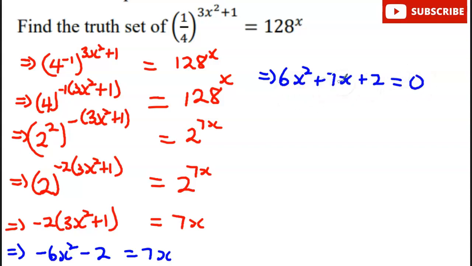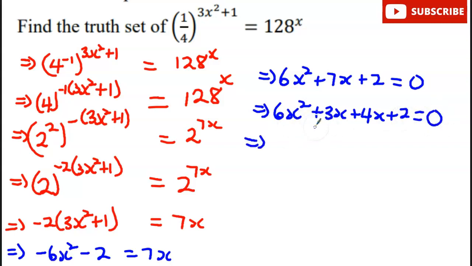Now how do you factorize? 2 times 6 is 12. Then we find 2 factors of 12 which, when we add, give the middle term 7x. Looking at the factors of 12, you can see 3 and 4 can give you that. So this implies that 6x squared, we break the middle term into those factors, plus 3x plus 4x plus 2 is equal to 0.